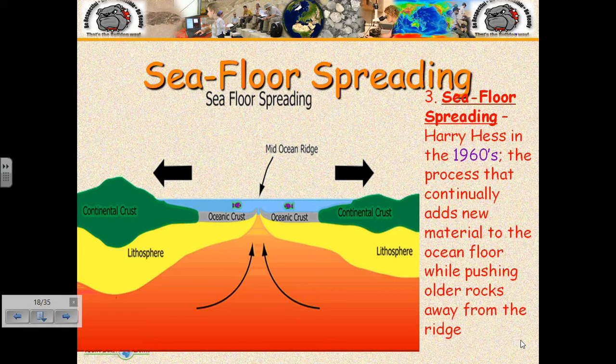Using navigation equipment, he was able to deduce that as the seafloor spread, the oceanic crust began to emanate in a lateral direction, either left or right, away from the point where it was coming up. As it began to spread, new oceanic crust began to form, and as this new oceanic crust formed, it also began to spread.